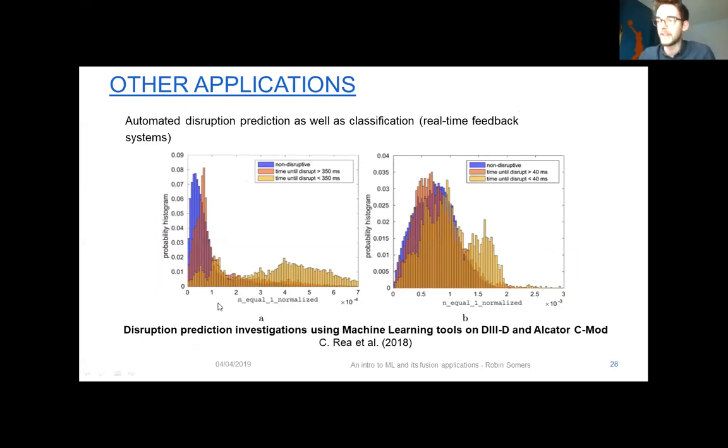So real-time prediction of whether a disruption will happen, and also real-time feedback. So we can teach the machine, okay, something is coming, prepare for it, or even better, do something so we can avoid the disruption. Because as you know, avoiding disruptions or mitigating them will be crucial for further fusion reactors, especially for large scale ones like DEMO or further.